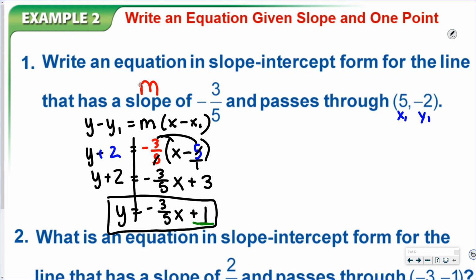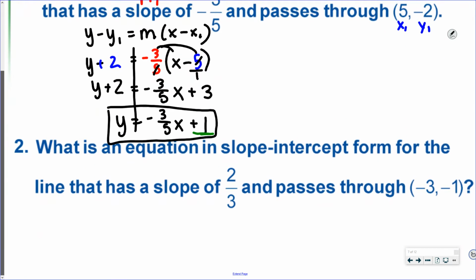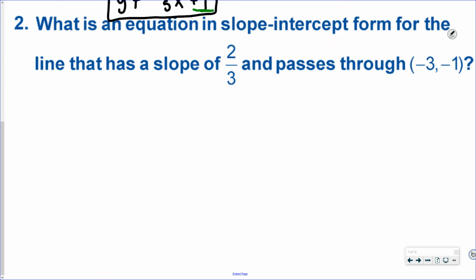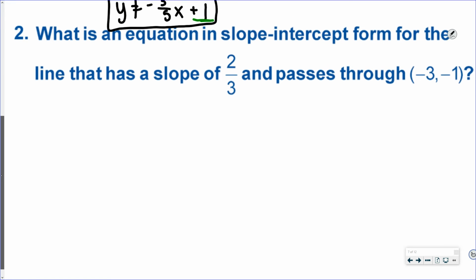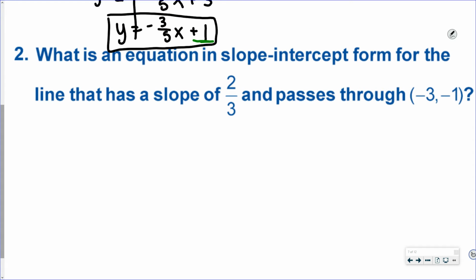Okay, you guys try this one. Write an equation in slope-intercept form that has a slope of 2/3 and passes through (-3, -1). You've got 1 minute to try it.